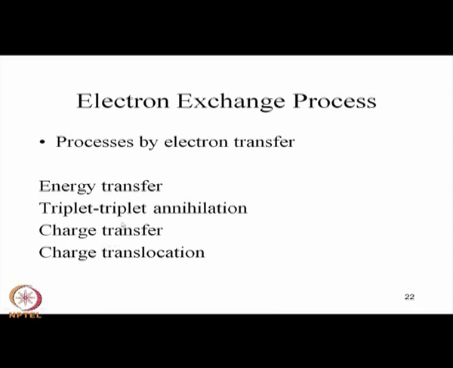Basically transfer and translocation are similar terms. Through electron transfer, charge transfer is taking place. So the electron exchange process is important, and it should be dealt with in more detailed fashion.